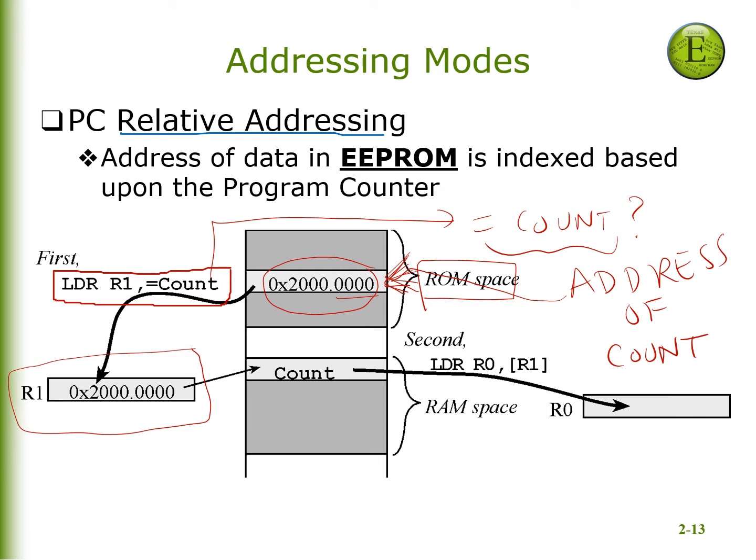And then we are going to apply the index addressing. The second instruction is LDR R0, [R1].